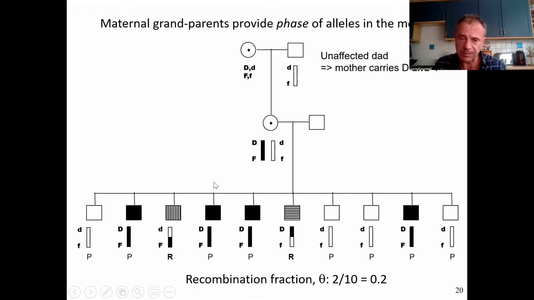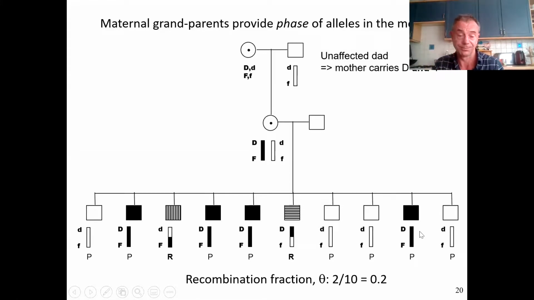This son has inherited this haplotype intact, both have normal alleles. He's got the other two. This son is a recombinant. He's got the Fragile X from here and the normal Duchenne from here. So there's been a crossover between the Fragile X and Duchenne in him. He's a recombinant. This one's not recombinant, not recombinant, recombinant the other way. Two normals again, not recombinant, not recombinant, not recombinant.